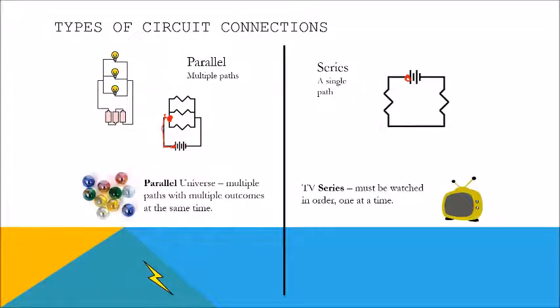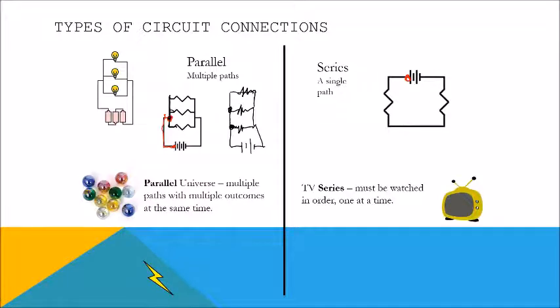We can draw it like this, where we come to a junction and we have to go up, down, or forward. We can also draw it like this, where we just go up or sideways. Both of these are valid ways to draw parallel circuits.